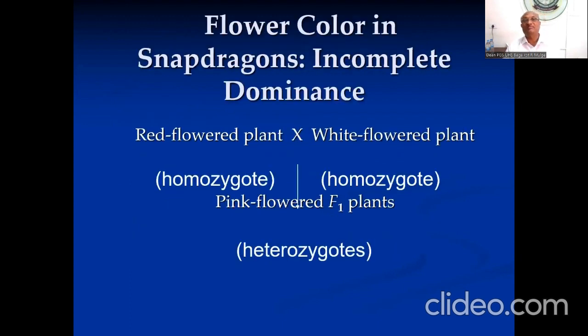Flower color in snapdragon shows incomplete dominance: a red flowered plant and a white flowered plant. If both are homozygous, you will get only pink flowered plants in the F1. That means in the heterozygous condition, instead of red or white, it is in between. That's heterozygous, so that becomes incomplete dominance.